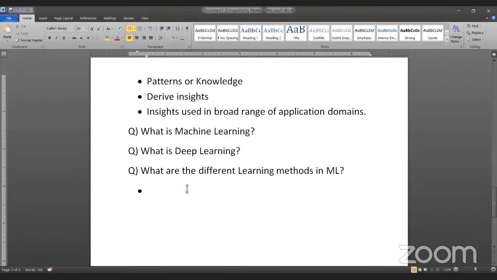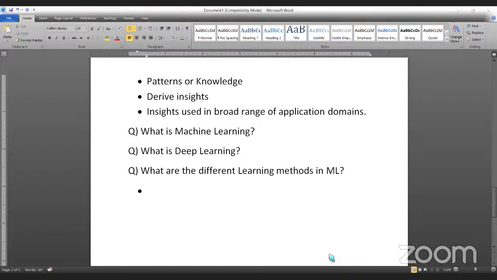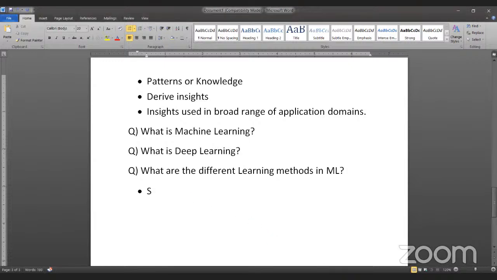Basically there are three learning methods that we know of in machine learning. First is supervised, next is unsupervised, third is reinforcement learning.